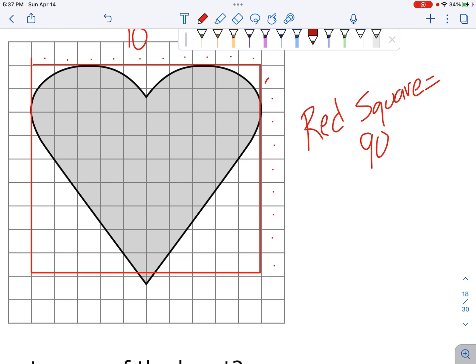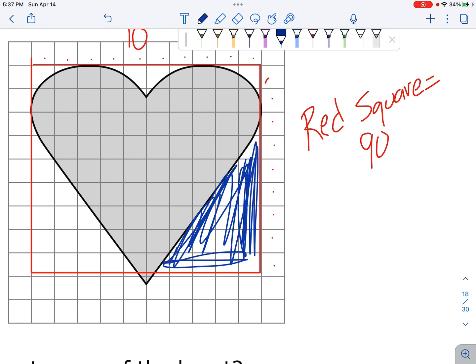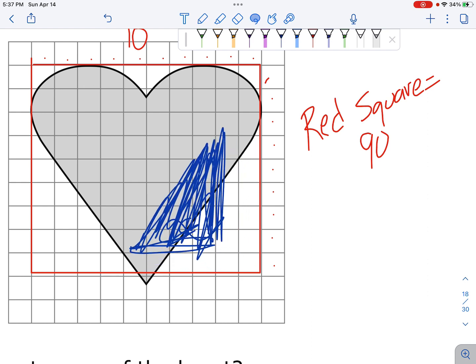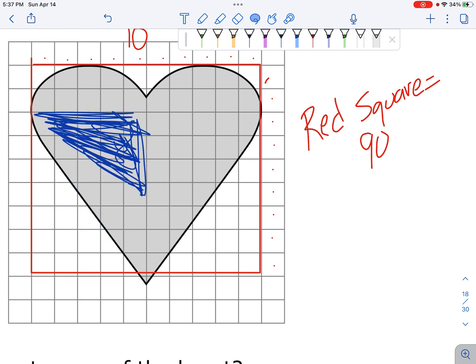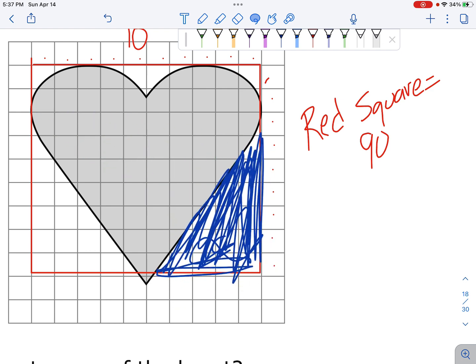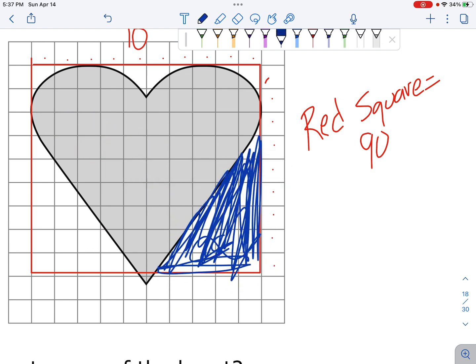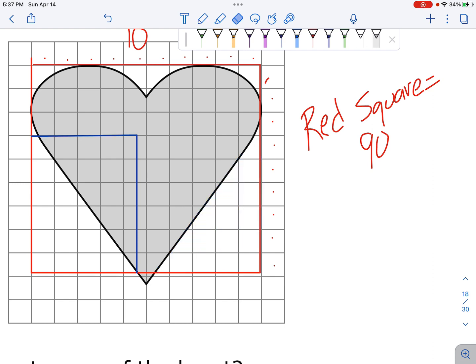And then we have some spots here. And what I notice is if I take this part here and I move it over here and I kind of flip it around, if I could actually flip it over, it would make a rectangle. So this part here, if I could flip it over, would go perfectly right here. Okay, so that blue part, I'm going to take it away.